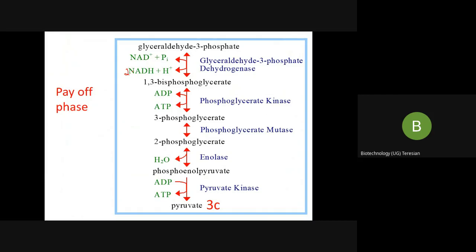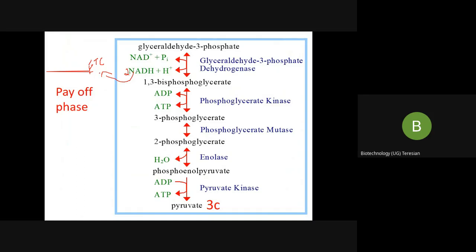This NADH in turn enters into the ETC, which we shall deal with later. The 2 molecules of NADH formed here later enter the electron transport chain, wherein they get converted into 3 molecules of ATP.